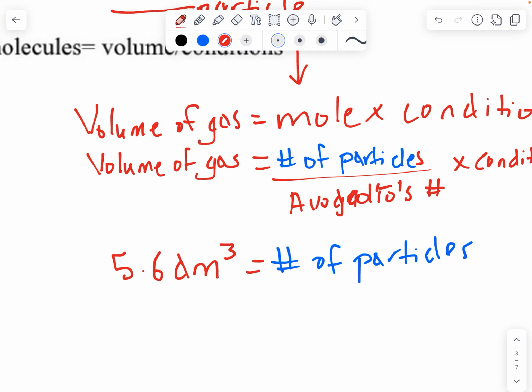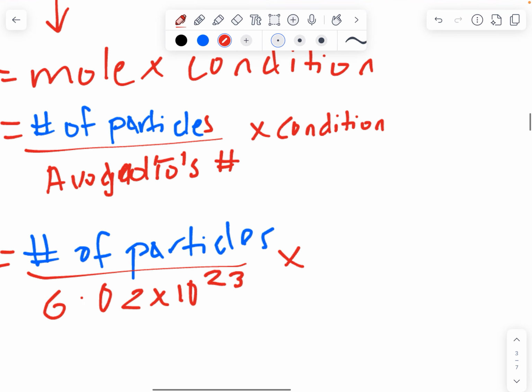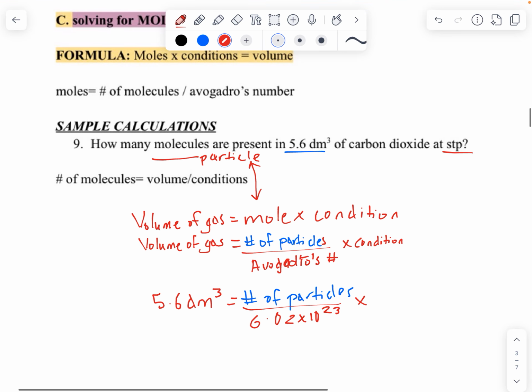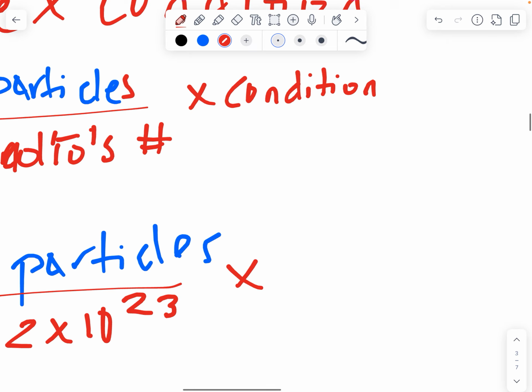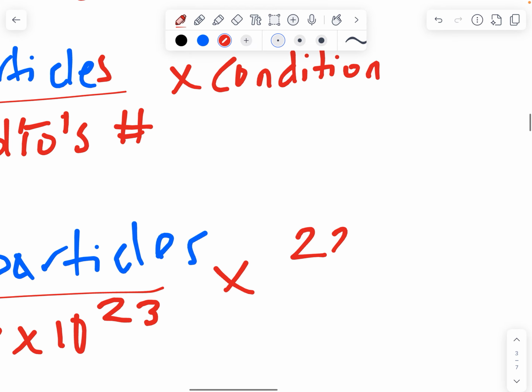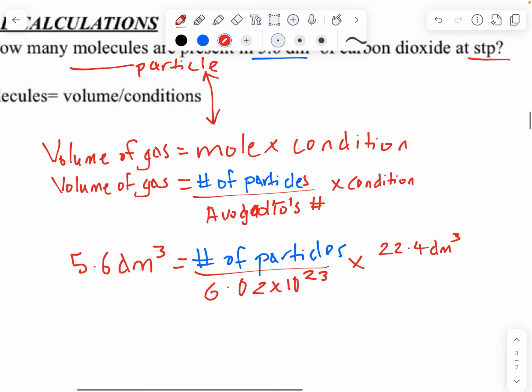We know what Avogadro's number is: 6.02 times 10 to the 23rd power. And the condition that we have is STP. The molar volume of a gas at STP is 22.4 dm cube.